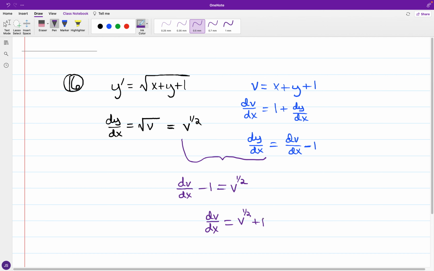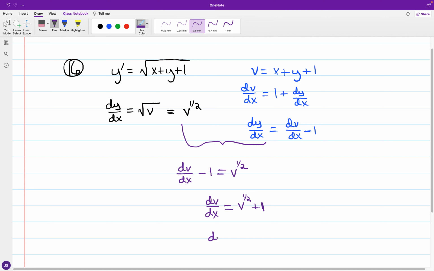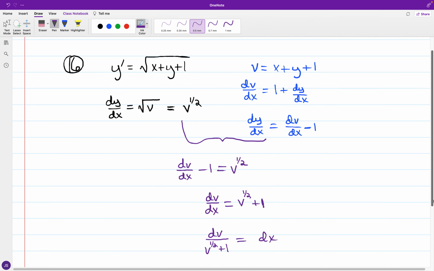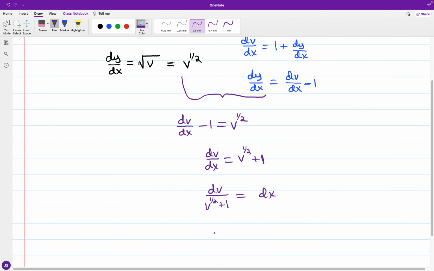And looking at separating the variables, I have dv all over v to the 1/2 plus 1 is equal to dx. And if I look at integrating on both sides, I'm going to go ahead and write v to the 1/2 as the square root of v.